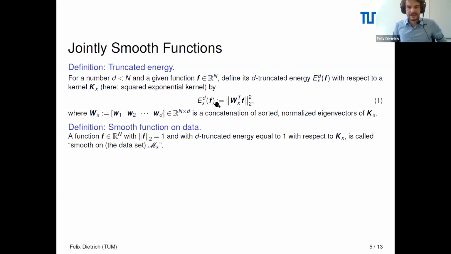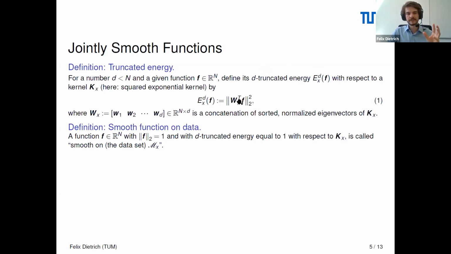And this looks maybe a little bit strange, but it only is the projection of the vector onto the first d eigenfunctions of the kernel. So what we take is essentially a few of these low oscillating functions, like the constant function, the sine function, and so on, and then project the function on it.